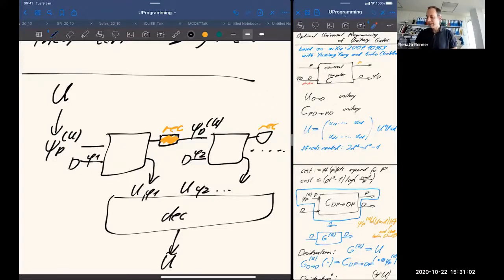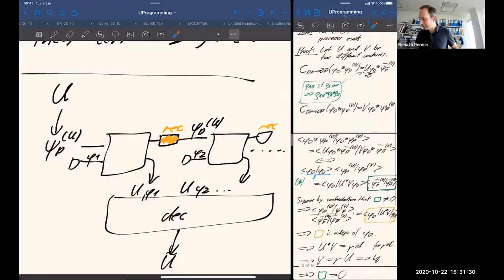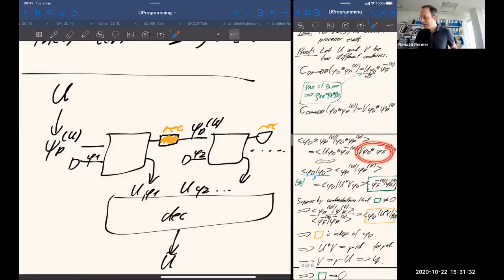Now, the proof works as follows. If the epsilon distance between the real state that is generated and this desired state U phi is very small, one can show that we can also recover the program. So in a way, the better the universal processor executes the unitary, the less disturbed is the program itself. That's kind of clear because of the fact that we saw that the output, in the perfect case, is a product state.